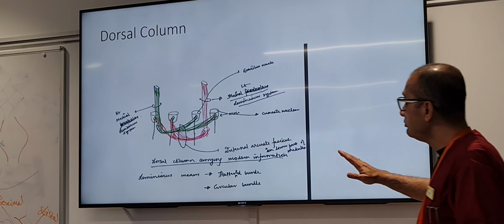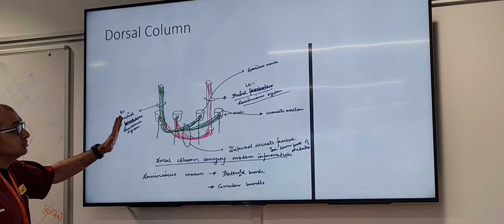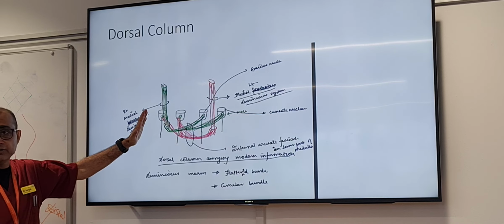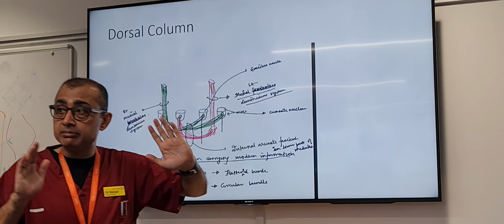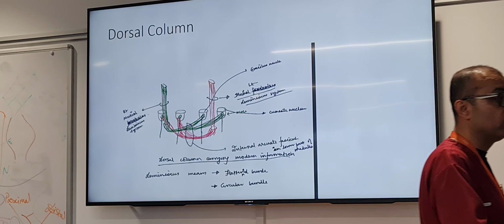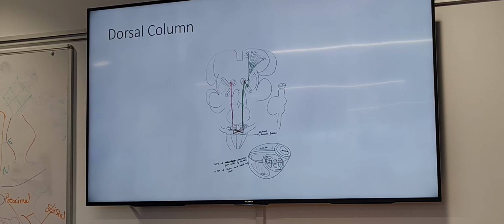And then after they decussate, what is the fiber going up called? The medial lemniscus. Any of these, when they go through the brainstem, is a lemniscus, so it's the medial lemniscus.